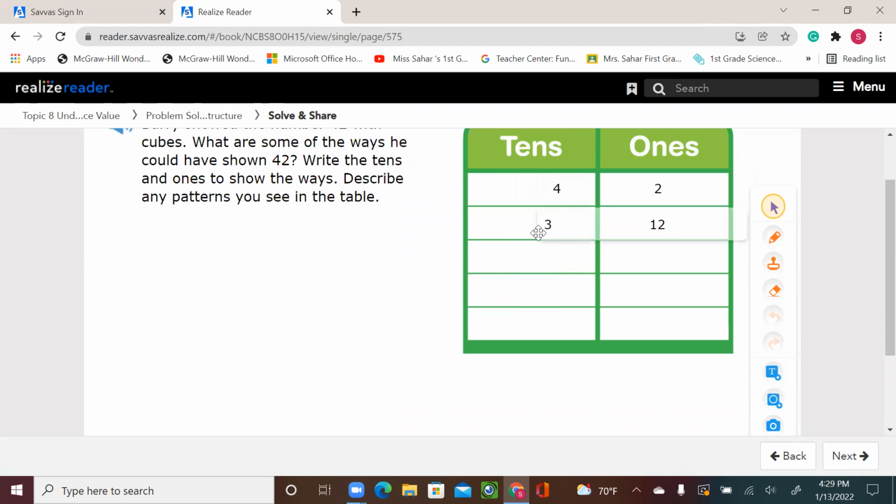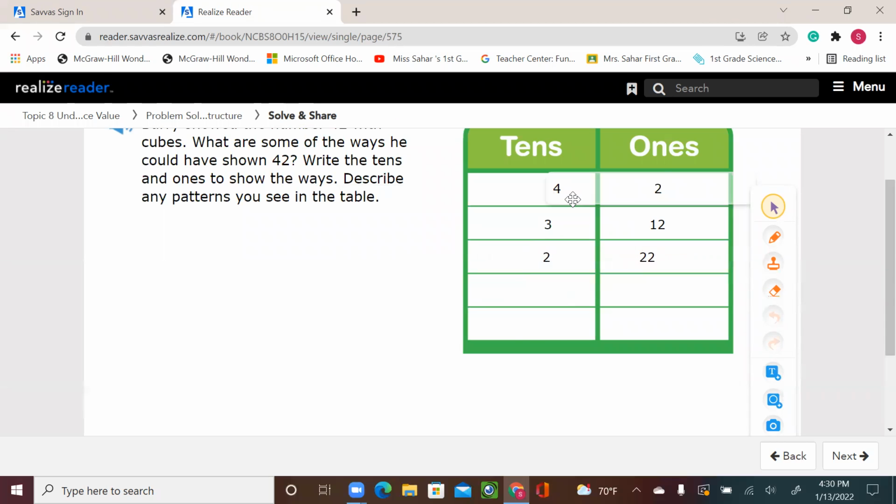So now I have 3 tens and 12 ones. I still can do more. I can take 1 ten from the tens and move it to the ones. So again, my 3 tens will be 2 tens, and I'm going to move 1 ten to the ones. All right, 12 plus 10, so 22.